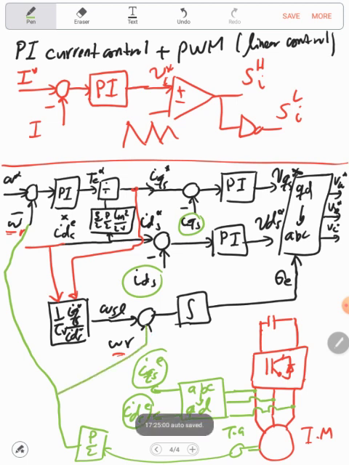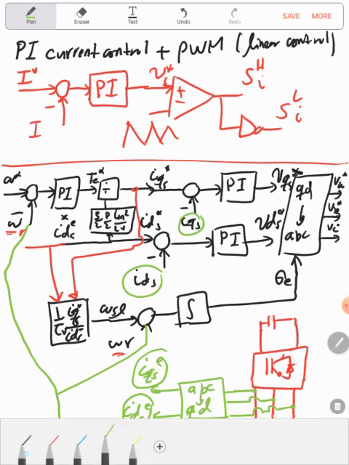And this is actually also indirect vector control using PI current control. So let's write it here.